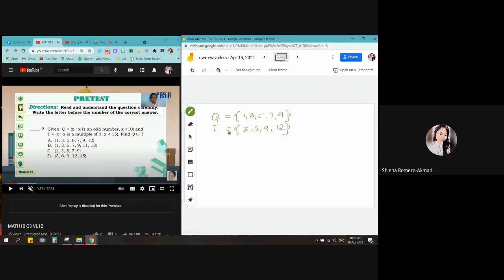Then we have to find their union. When we say union, you have to combine all the elements, or include all the elements, in both events.